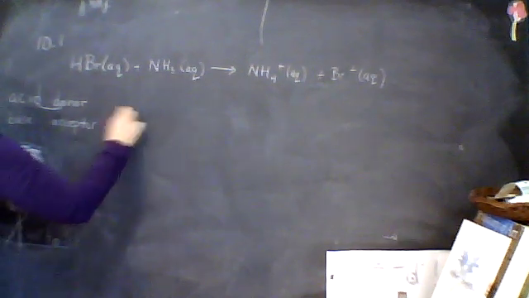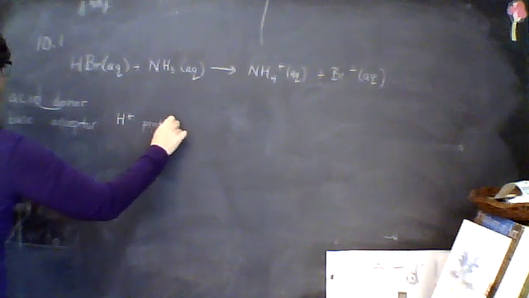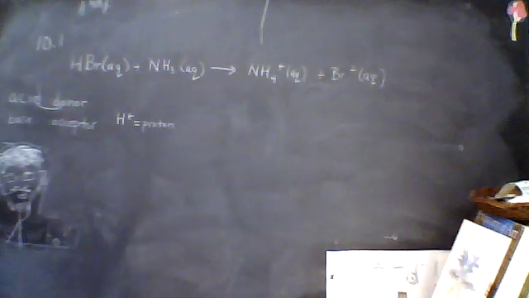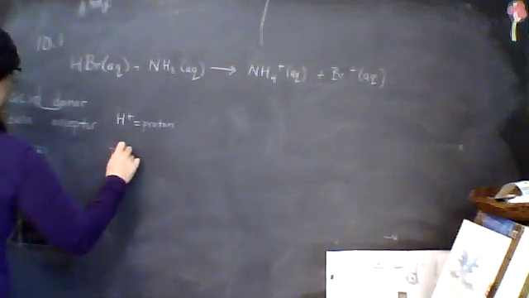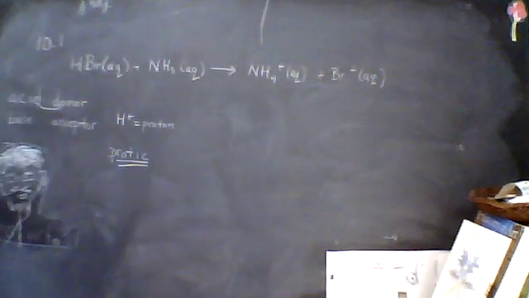You can either think of it as the H plus or the proton. It's the same thing, okay? By the way, things to do with the proton are protic, all right? So, which one is the H donor? Which one is the acceptor?